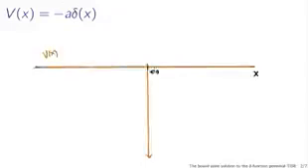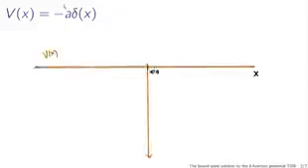I'm defining v of x to be minus a times delta of x because we don't necessarily know exactly what the strength of this delta function potential is. You can have different strengths of delta function. If you treat a delta function as a distribution, of course, it has to be normalized. But in this case, we're treating it as a representation of a potential. So we need some constant here which determines the strength of the potential relative to a unit normalized potential.